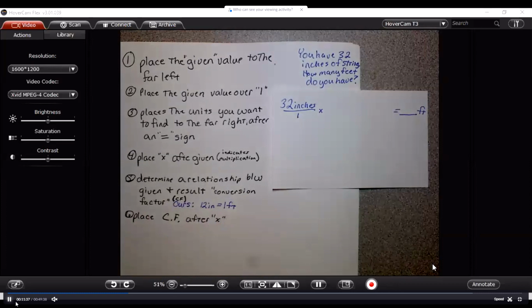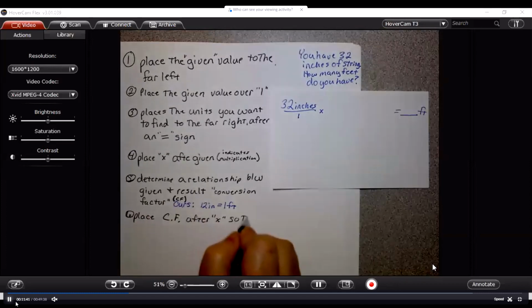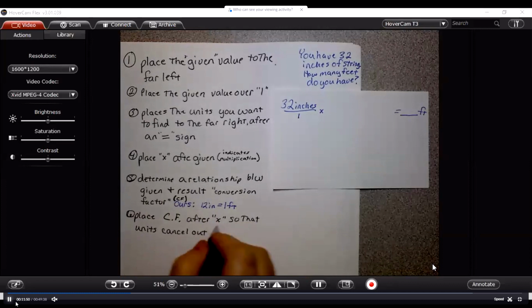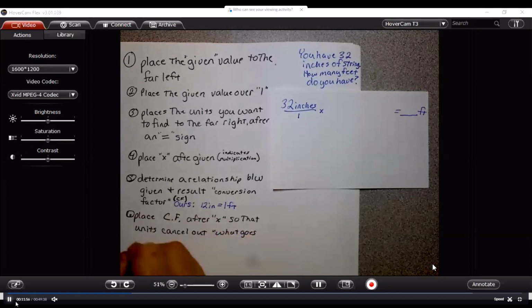So what we're going to do is place our 12 inches on the bottom when we write our conversion factor in there. That's going to cancel out our inches for us. It is also effectively going to put feet on top, which is right where we want them.